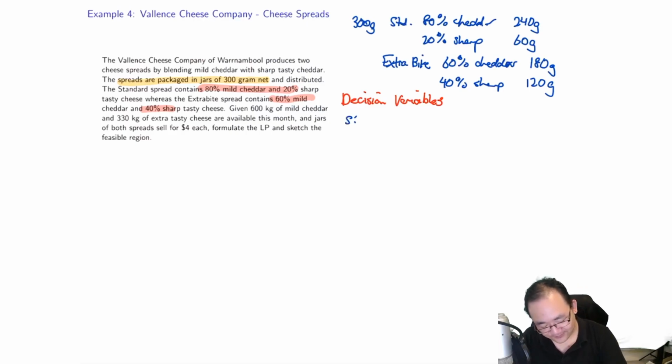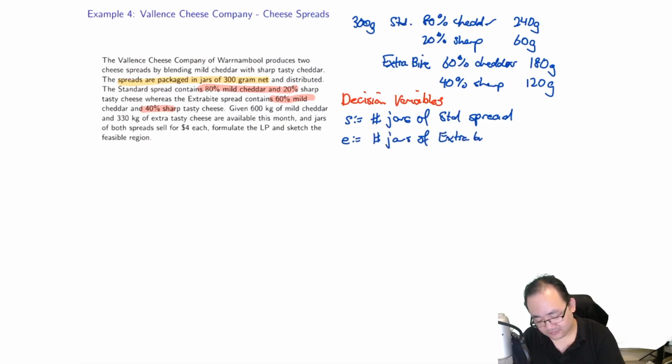I'm going to make S be the number of jars of standard spread, and then I'm going to make E be defined as the number of jars of Extrabite spread. So that's our decision variables.